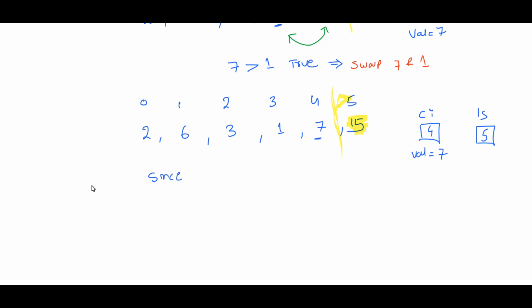Since CI is LS minus 1, nothing left to sort, 7, and then we're going to upgrade our LS to CI, which is going to be 4.